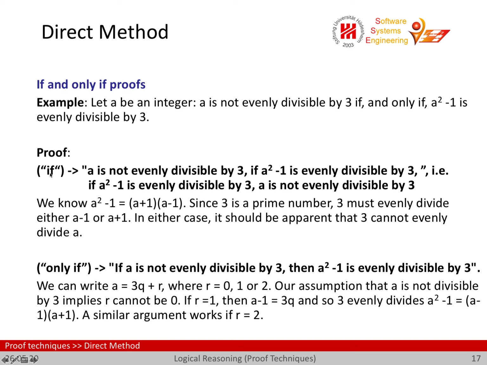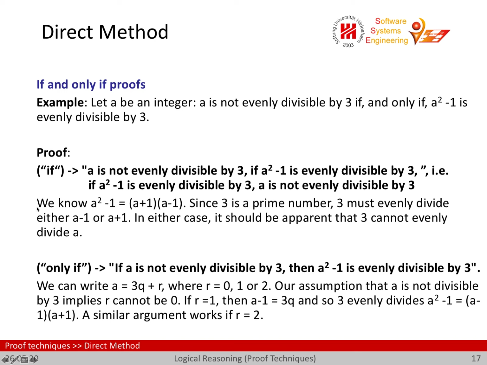The proof consists of the two directions, the if direction and the only if direction. The if direction would be A is not evenly divisible by 3 if A square minus 1 is evenly divisible by 3, or we can just switch the two parts to bring the if to the front. If A square minus 1 is evenly divisible by 3, A is not evenly divisible by 3.